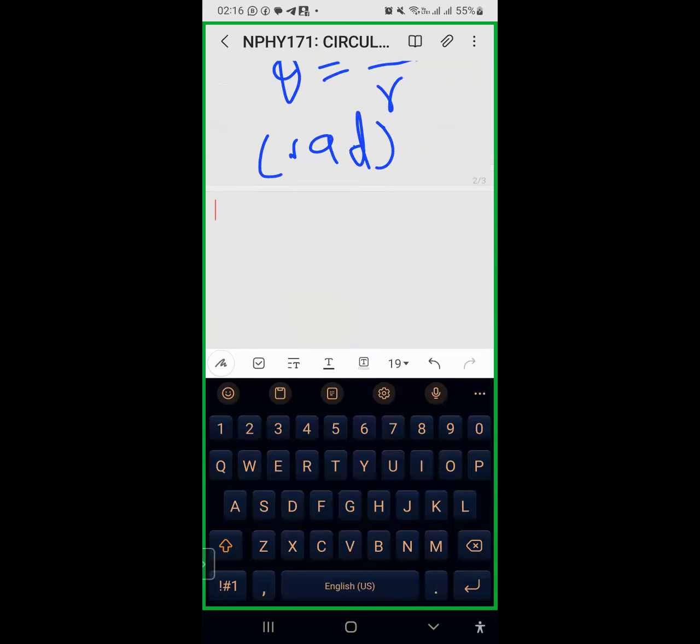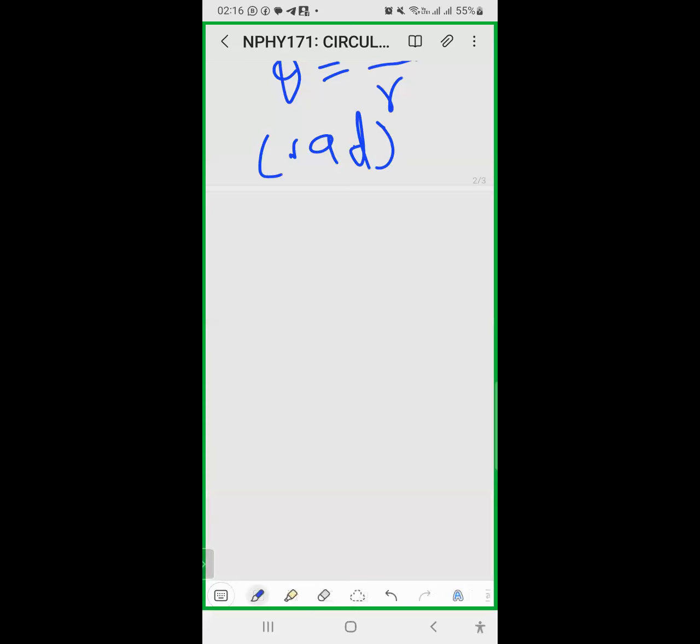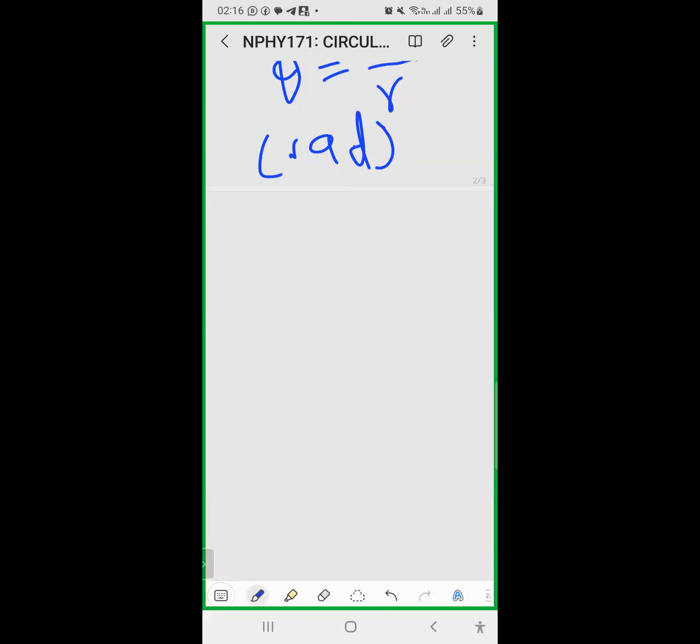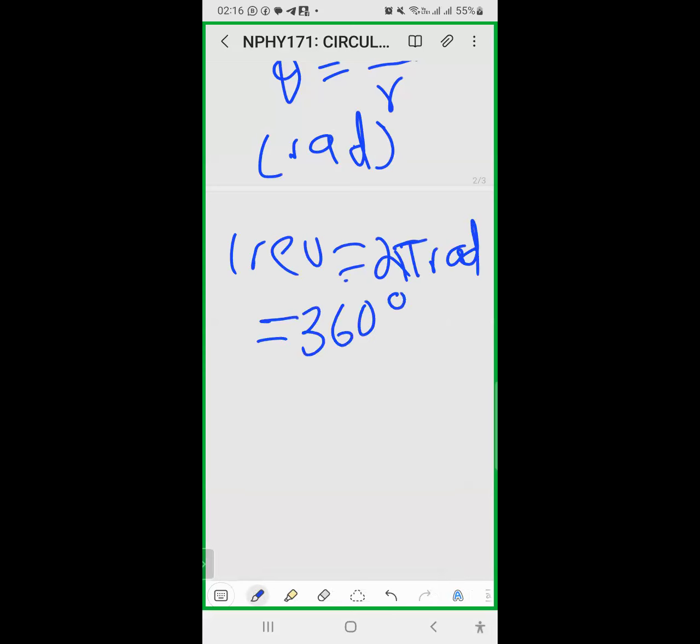So if it is given in revolutions, you have to convert it to radians, and if it is given in degrees, you also have to convert it to radians. We know that one revolution is equal to 2 pi radians, and this is also equal to 360 degrees.